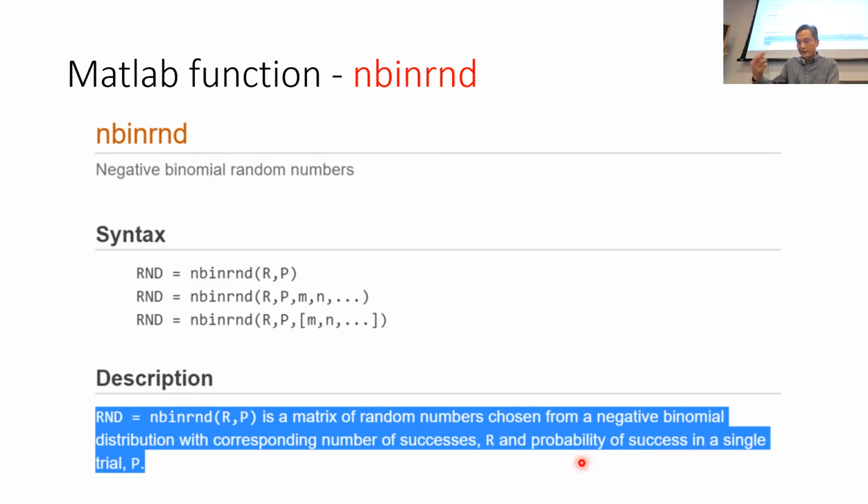If I throw my coin and I think the head is a success, R will be the number of successes I want, say I want 3 heads. In total, how many trials do I need? I need X trials to get my 3 successes, R, as heads, each with 50%. So that's the meaning of the negative binomial distribution.